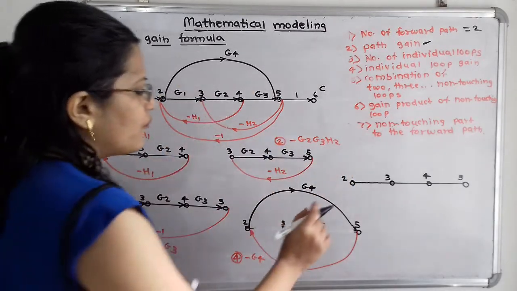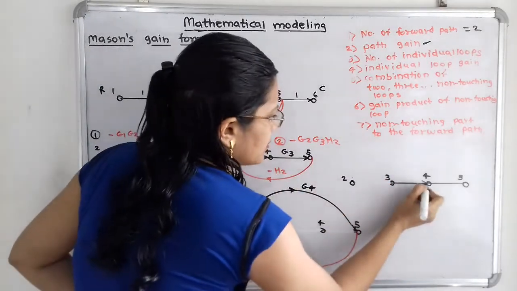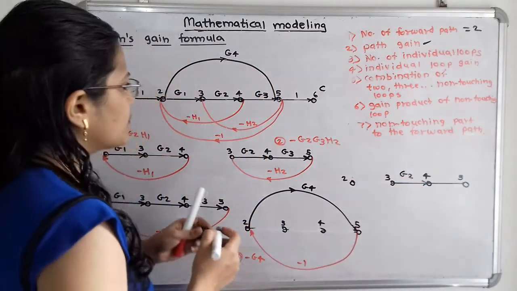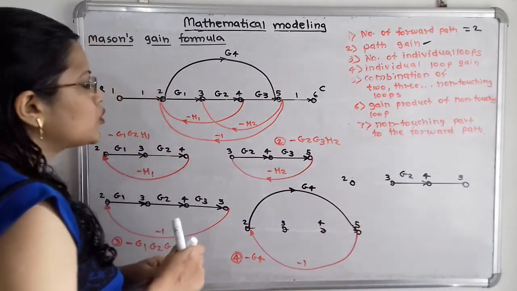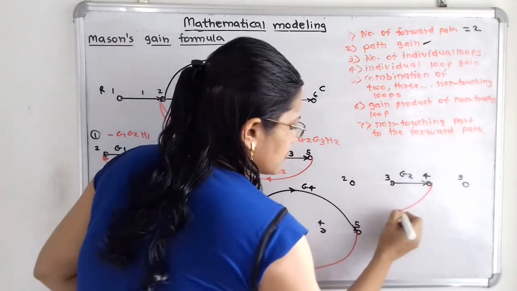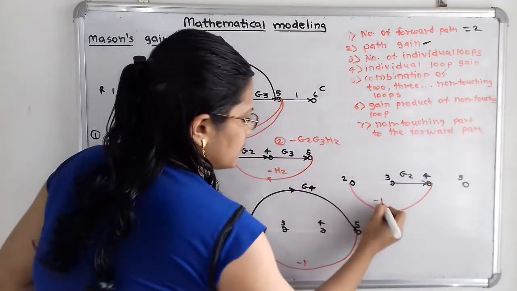So I will show from node 3 to 4 there is a forward path with gain G2. Now from node 4 to 2 there is the feedback path, so we will complete it here, and the gain is minus H1.